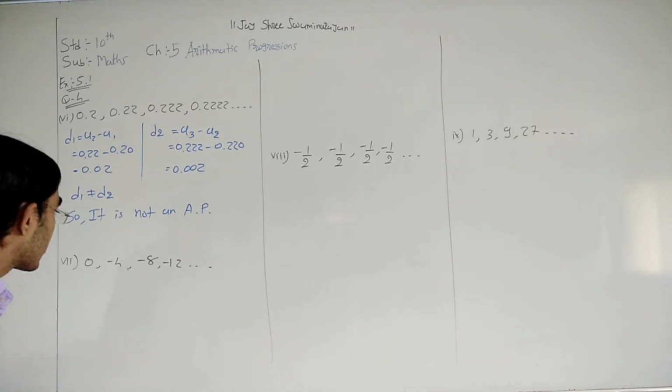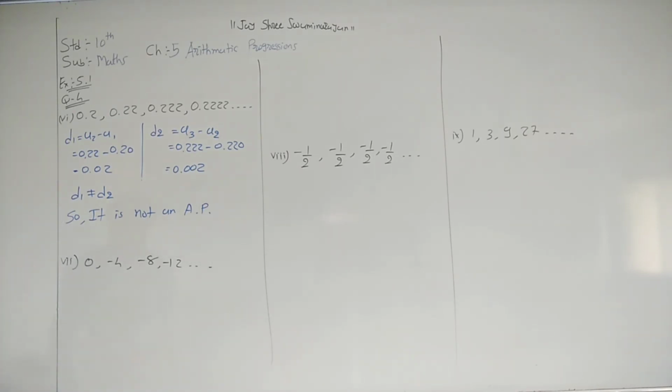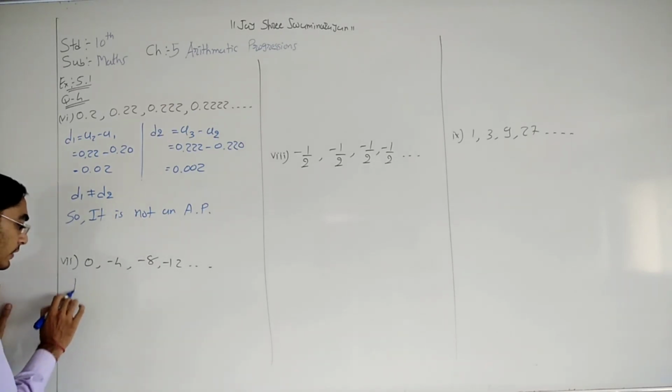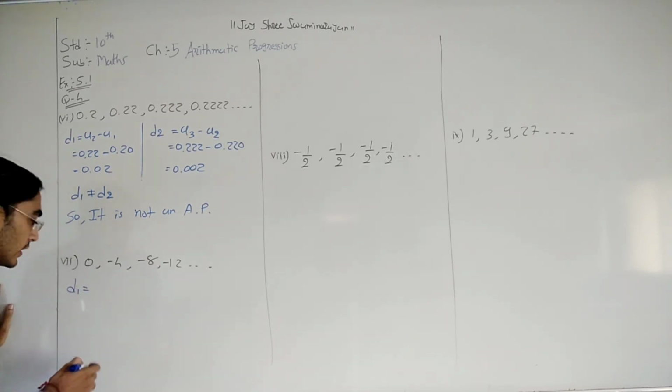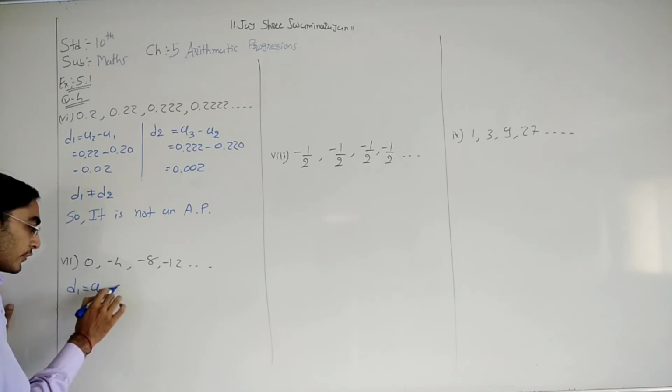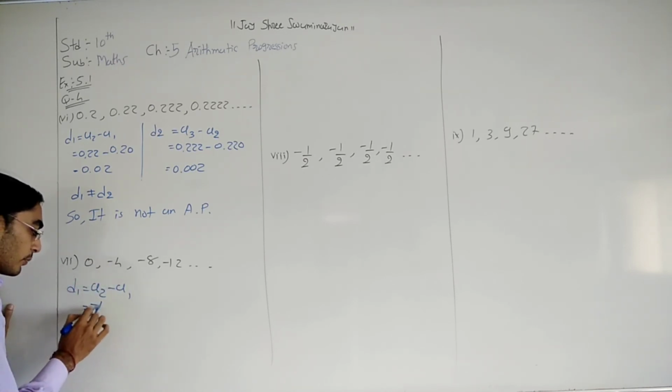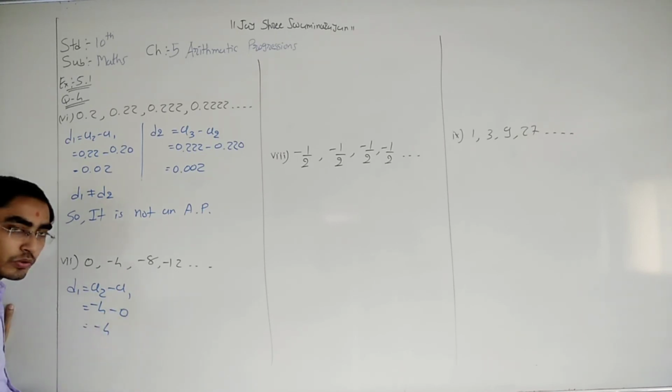After that, next our question number 7: 0, minus 4, minus 8, minus 12, up to infinite. Here our difference D1 is the second term minus the first term. So second term minus 4 minus first term 0 is minus 4.